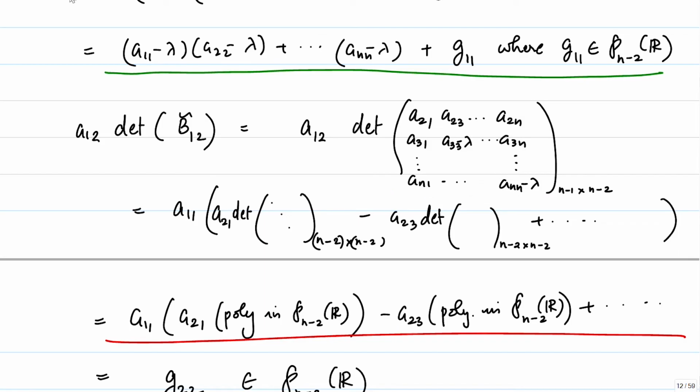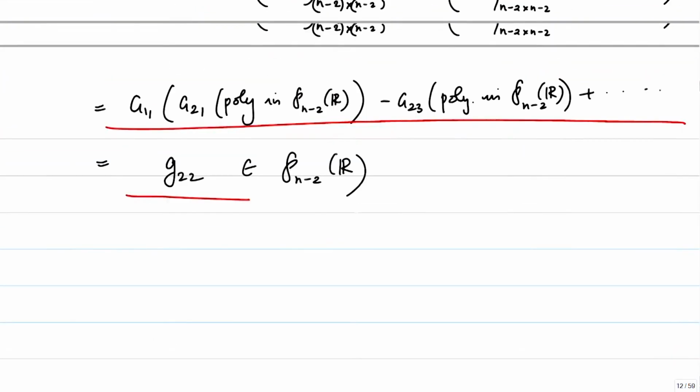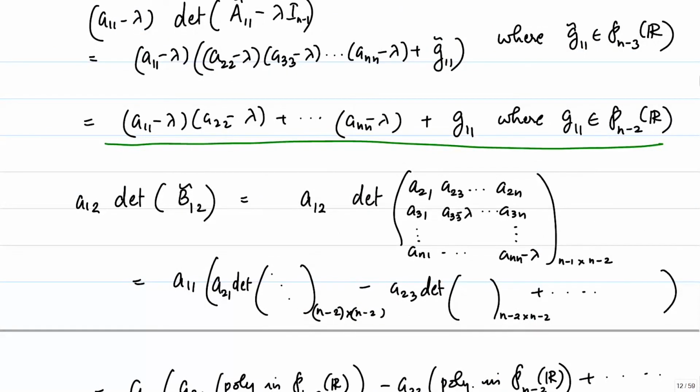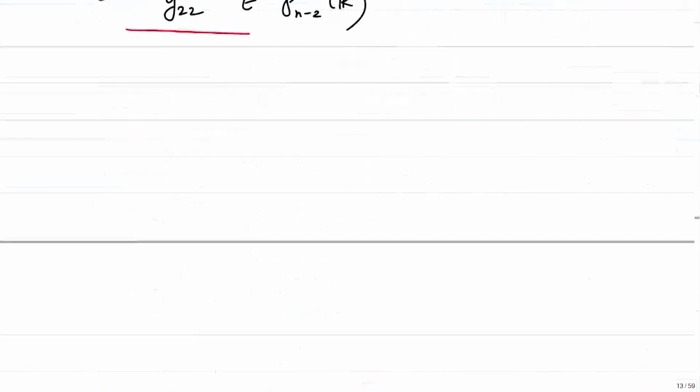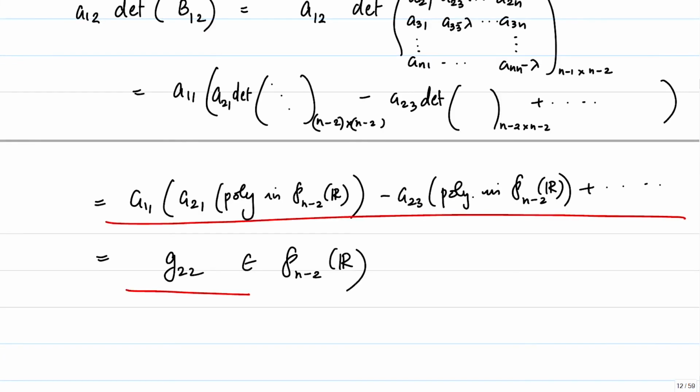So the nth term should be expanded with the cofactor expansion along the nth row. And at every stage, we will end up with a polynomial of degree less than or equal to n minus 2. So finally, what do we have? The green thing that I have just written down plus many polynomials of degree less than or equal to n minus 2.